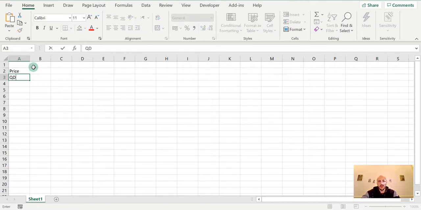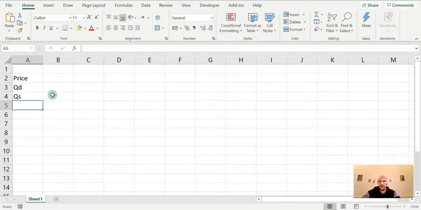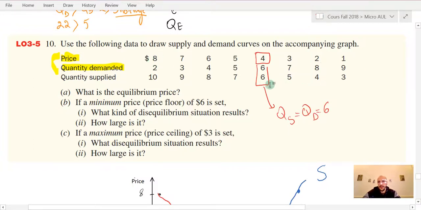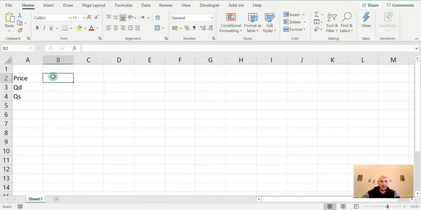So here I'll put the price, and QD for quantity demanded and QS for quantity supplied. And I have the following: the price level starts from 8 till 1, so I'll put 8, 7, 6, 5, etc. till 1, or I can select these two cells together and then come here to this angle.